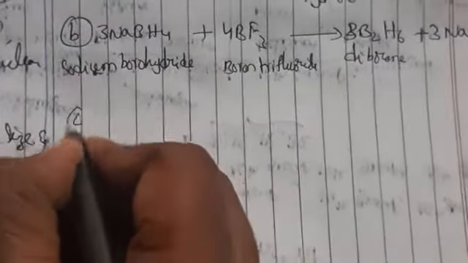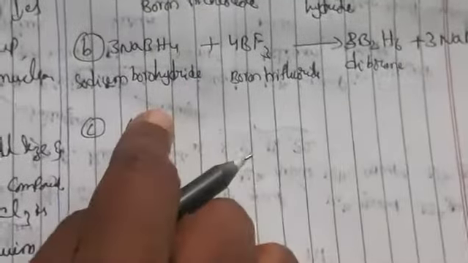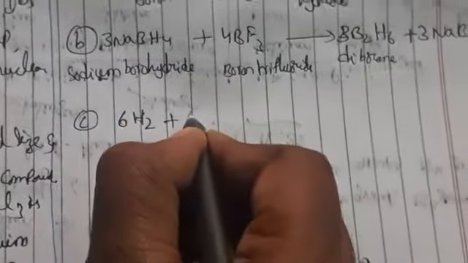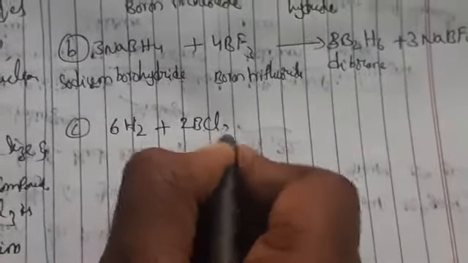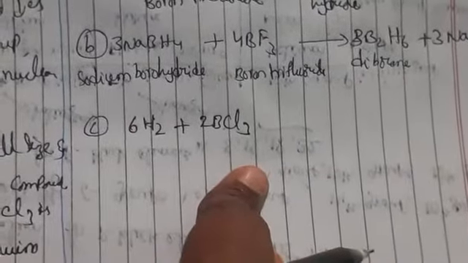And the third preparation: by passing a mixture of hydrogen gas and boron trichloride or tribromide vapor through a silent electric discharge tube.